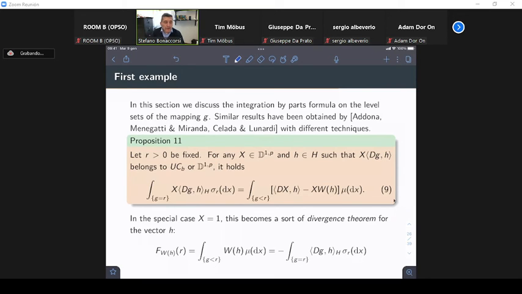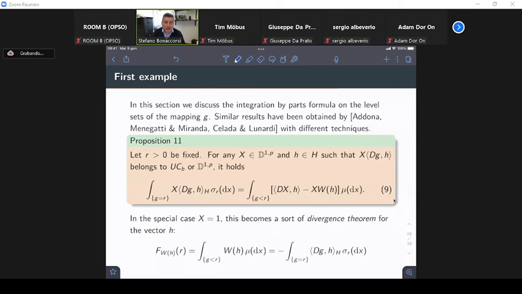And in particular, if you take x equal to 1, you get that the function f that we said before, that is the expectation of W_h when G is less than R, is just equal to minus the integral of dG in the direction h on the surface of the ball.